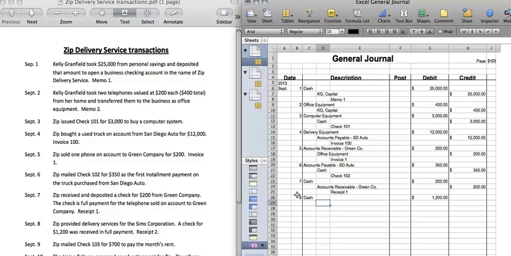And we're going to credit delivery revenue. Just be careful with Excel that it's going to put in what it thinks you want to write. Just make sure that you're accepting exactly the correct account that you want and not an incorrect one. And our source document for this is receipt 2.